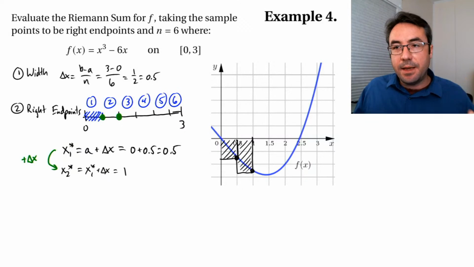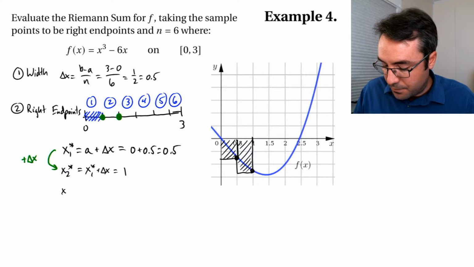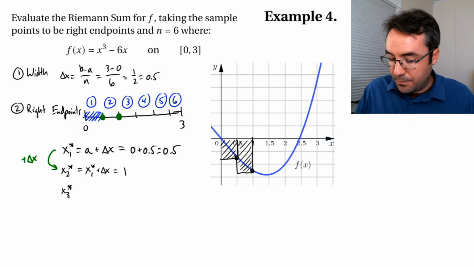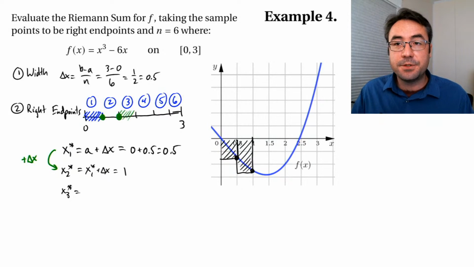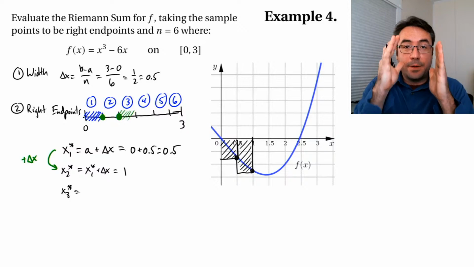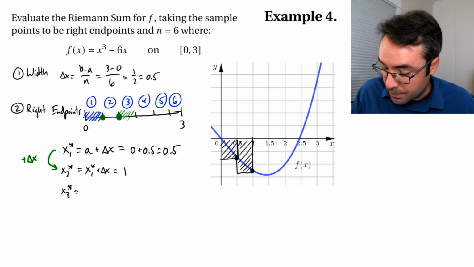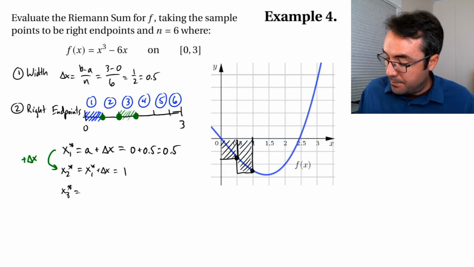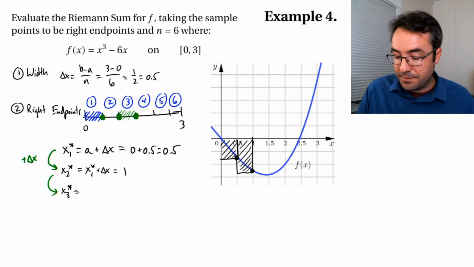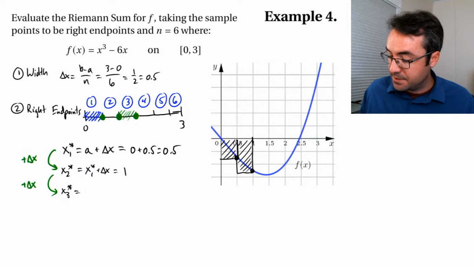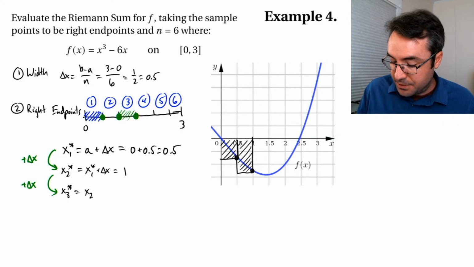And then we just keep playing the game. For our third subinterval, we want to pick a point. We're going to use the right endpoint. So there's our third subinterval, and we're going to pick the right endpoint over here. But really how we calculate that is we just take our previous sample point and add in delta x. So you can just iterate this.